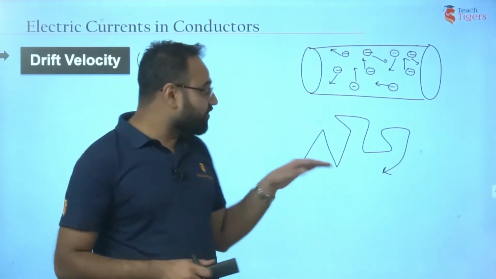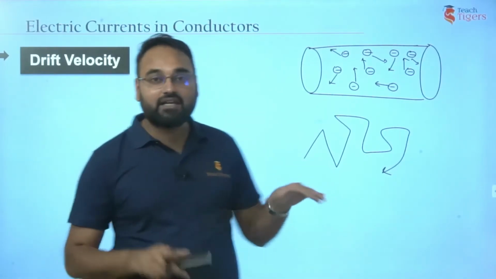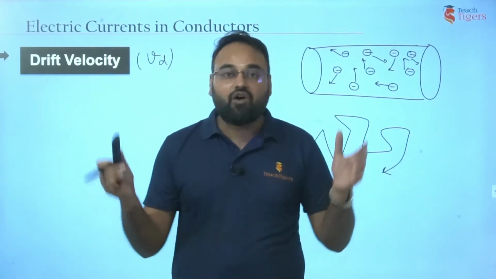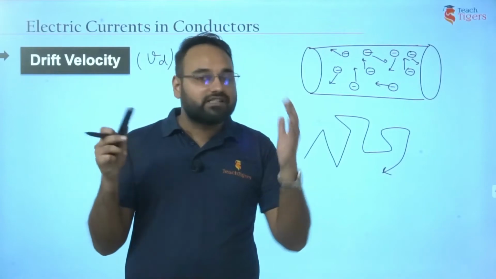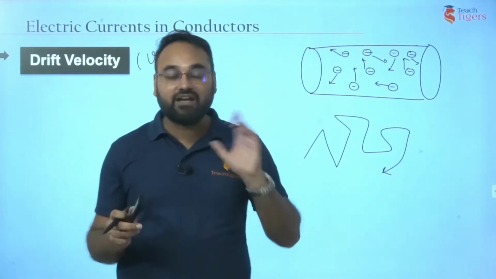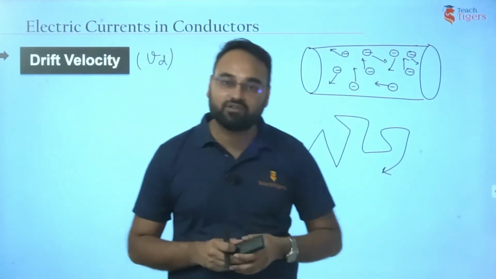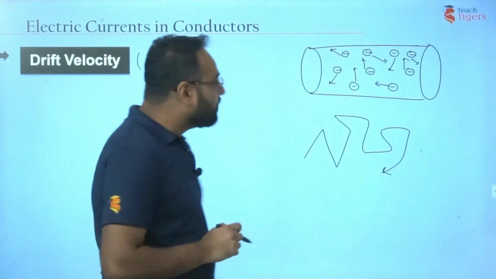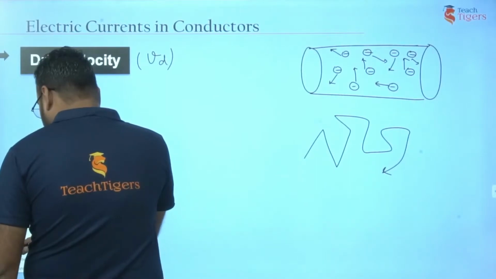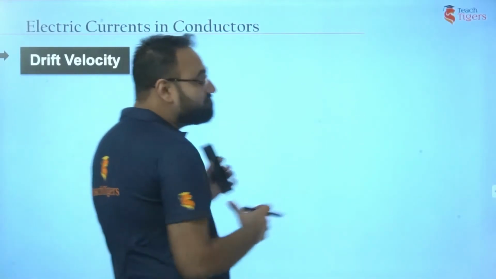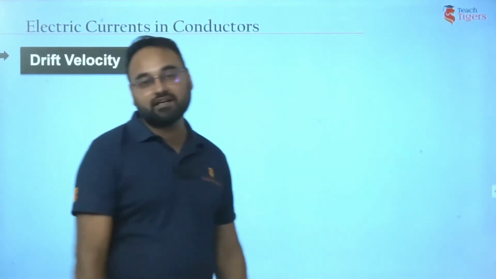That means, as a conclusion, keep in mind that in a normal state, net current or net charge flow inside a conductor is always 0, because of the random motion of electrons. Now, how can I make current flow inside a conductor?